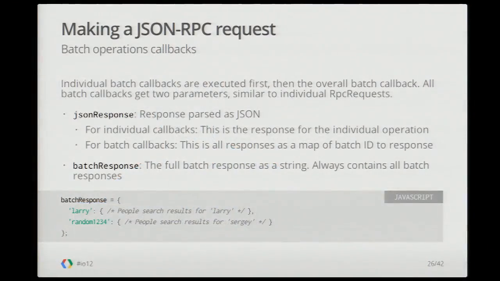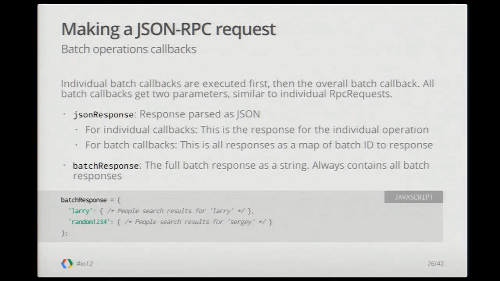So what gets passed to these callbacks when the response has returned? Well, again, it's very similar to what we've seen before for JSON-RPC requests. The first is a JSON response. This is the response parsed as JSON, so you get a JavaScript object back. For individual callbacks, this is the response, as I said, just for that particular method.